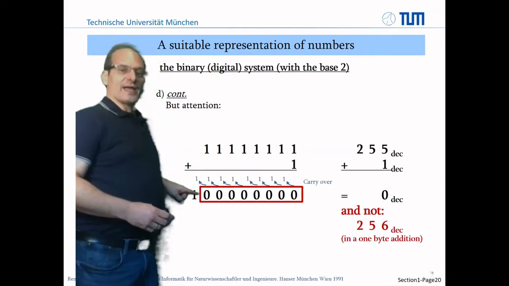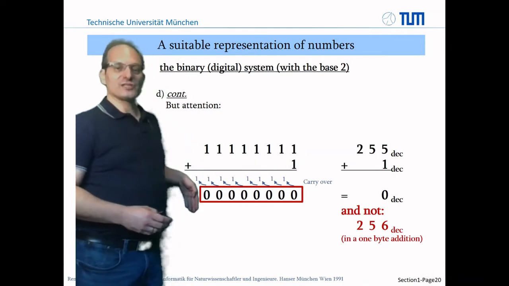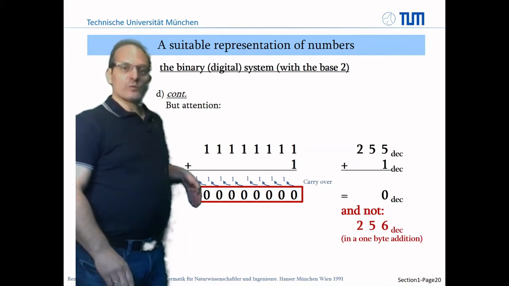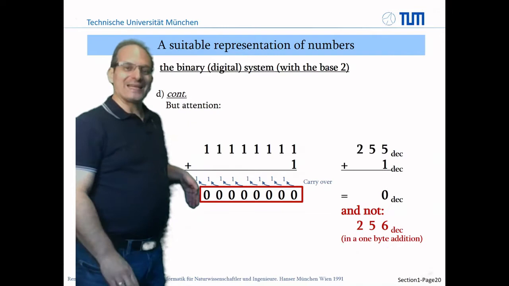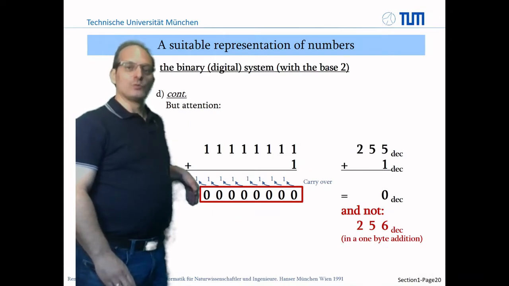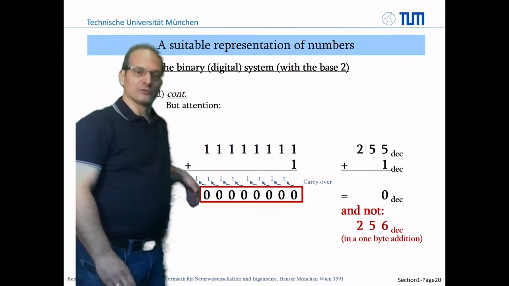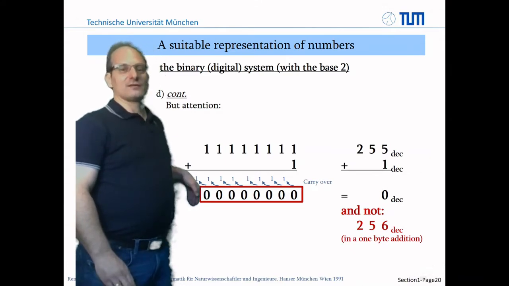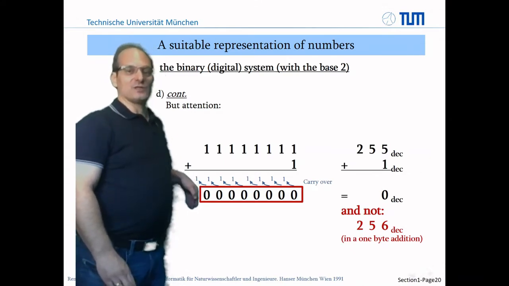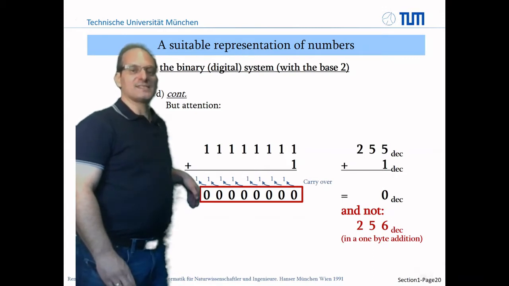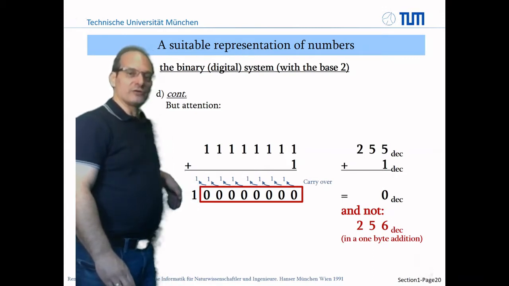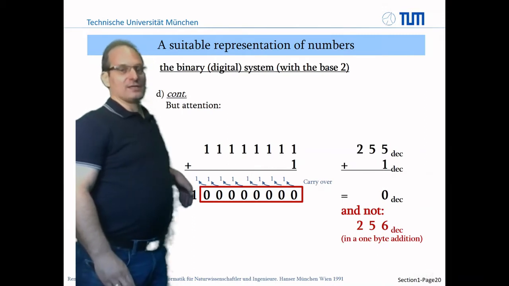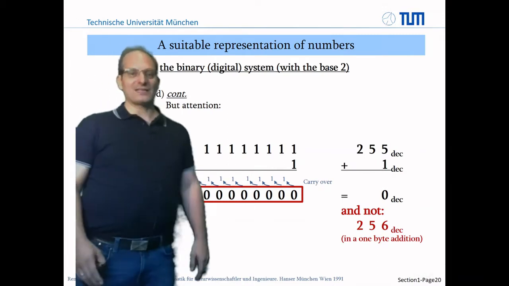That means that if you have just one byte, 1, 1, 1, 1, 1, 1, 1, 1, filled completely with ones, plus 1 will result in 0. So 0 is not the correct number in decimal because it would be 256. It would be required that you have one bit more than what you have at the moment. And therefore, these are critical errors.